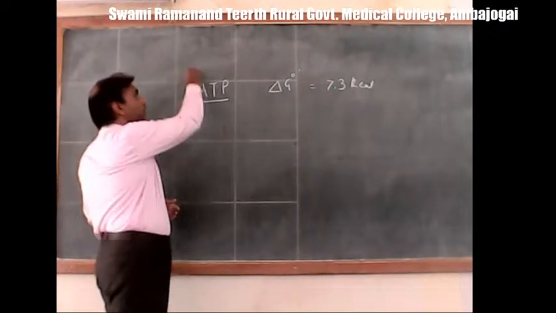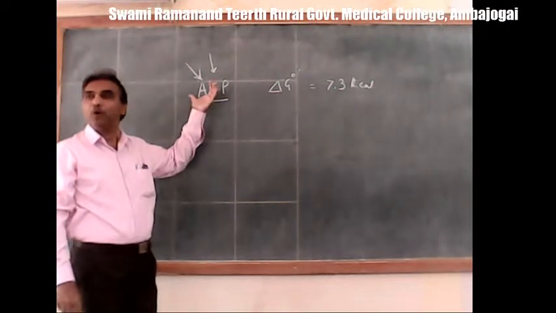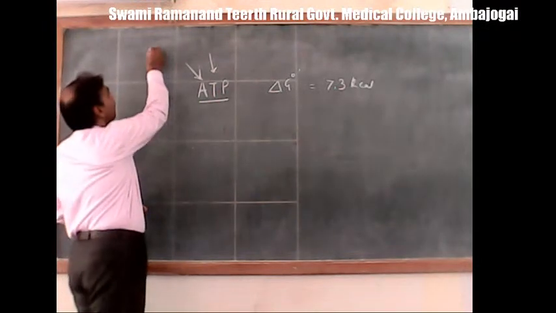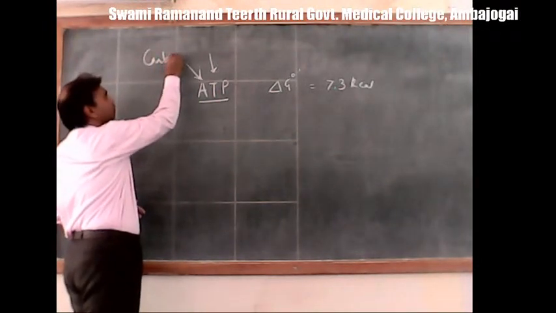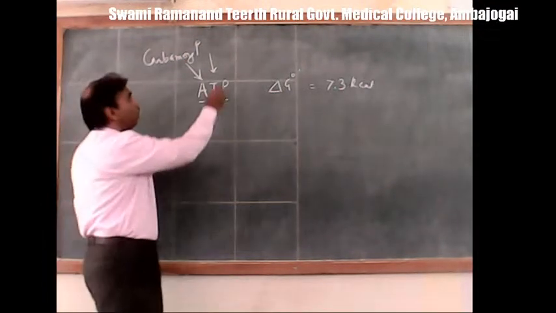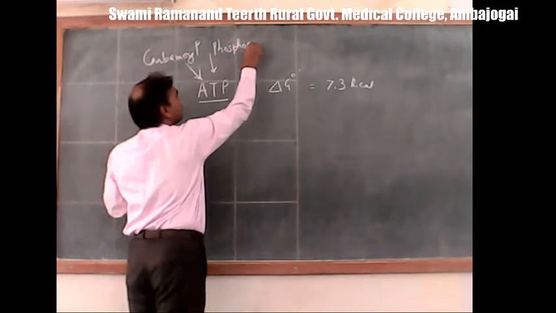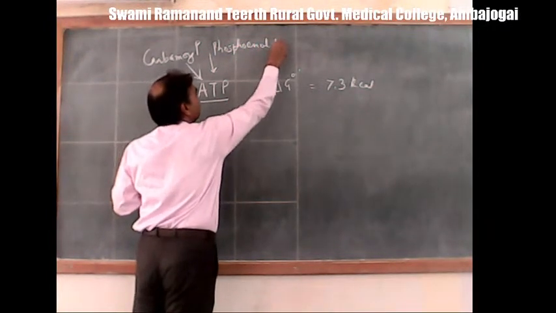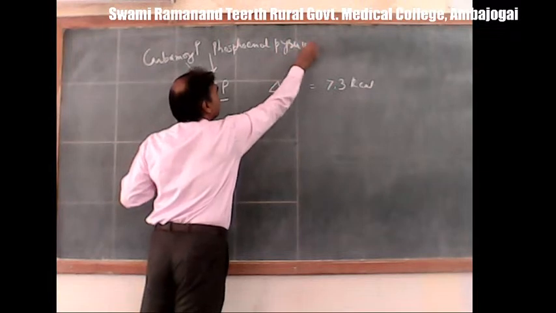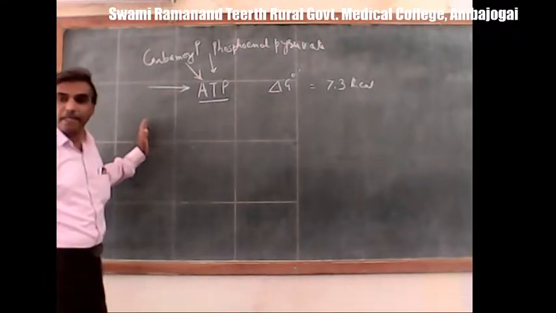So it takes energy from higher energy compounds like carbamyl phosphate, phosphoenol pyruvate, or from creatine phosphate.